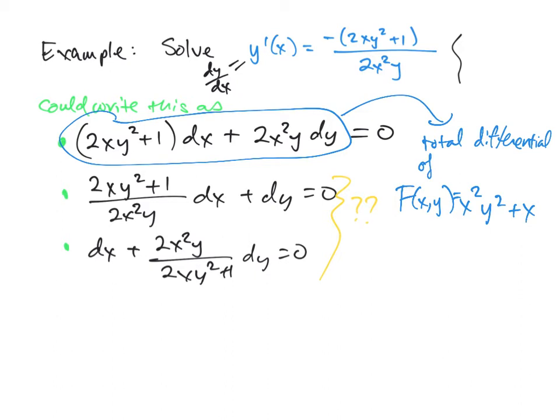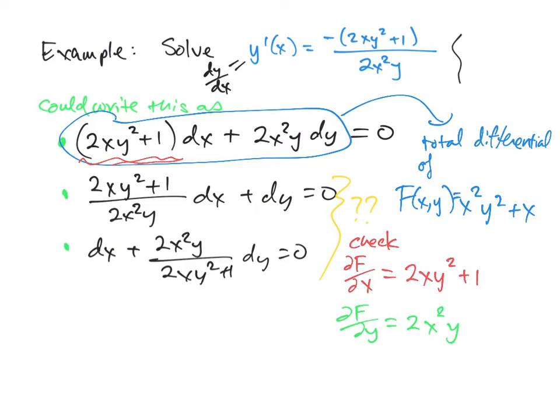And in fact, you can check that the partial of F with respect to x equals 2xy squared plus 1, which is this bit right here. And the partial with respect to y is going to be 2x squared y, which is this right there.